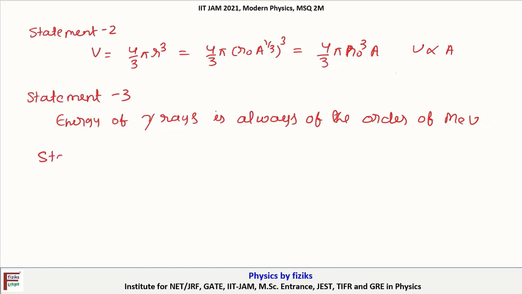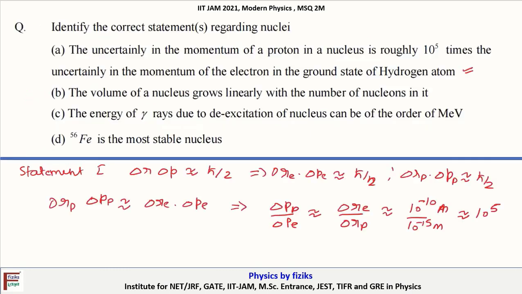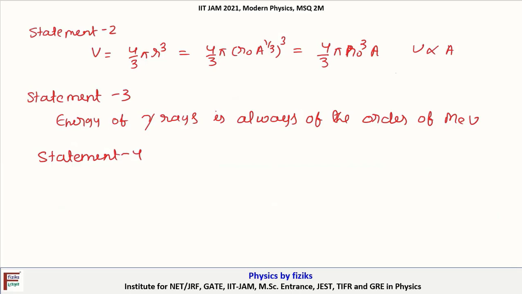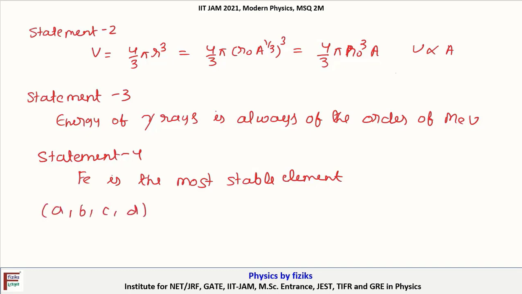And statement 4 is about Fe stability, the stability of the iron nucleus, and we all know it. Iron is the most stable element. So that means all four statements A, B, C, D are correct.